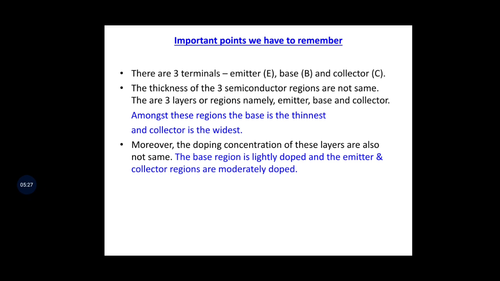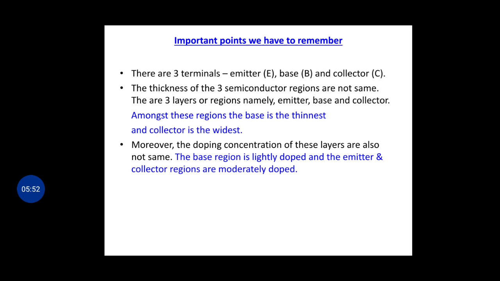Let us understand what are the important points we have to remember while drawing the structure of the transistors. The first point is we have to always remember there are three terminals, as I already told you, that is emitter E, base B and collector C. Second point, the thickness of the three semiconductor regions are not same.